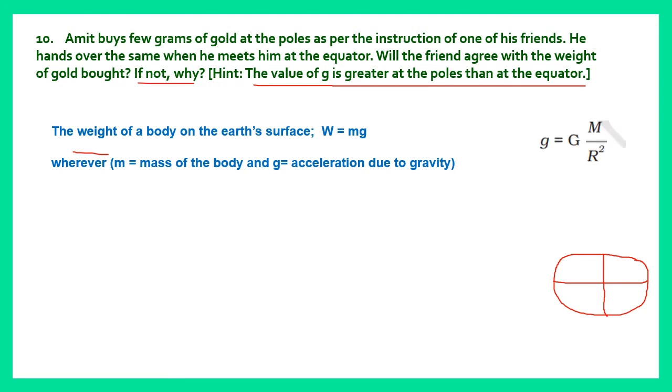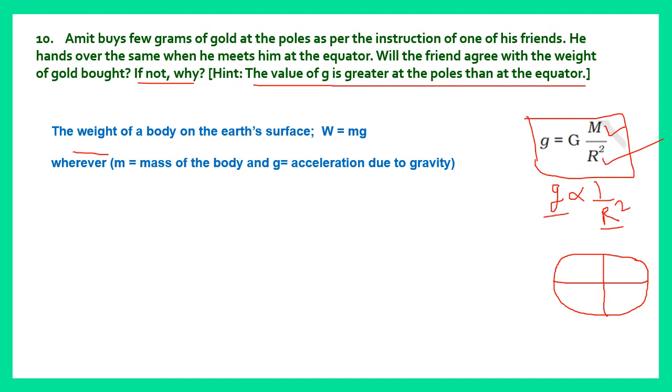See, this is the formula to find out g. The value of g depends on the mass of the Earth and on the radius of the Earth. So g is inversely proportional to the square of the radius of the Earth. If the radius of the Earth is more, the value of g is less.